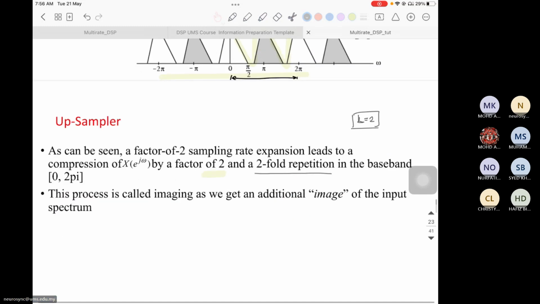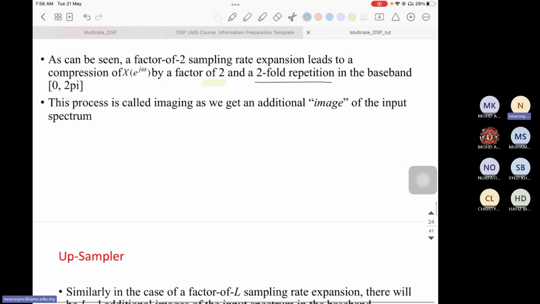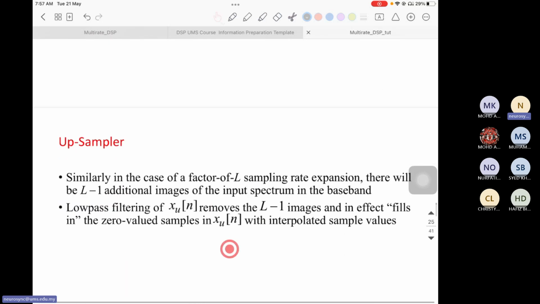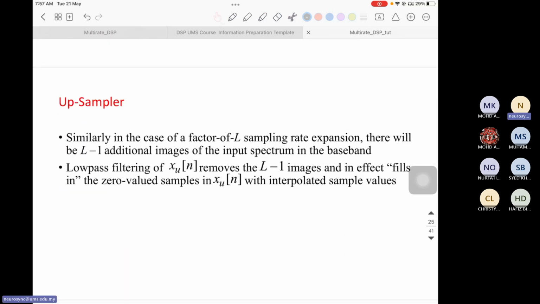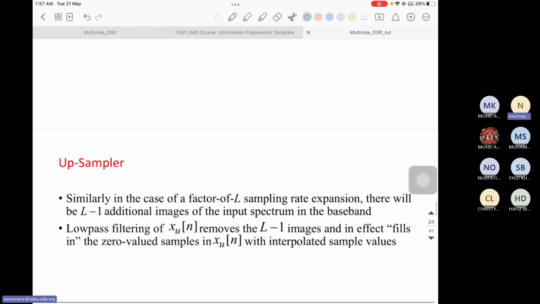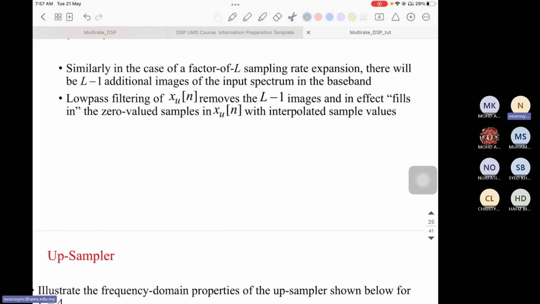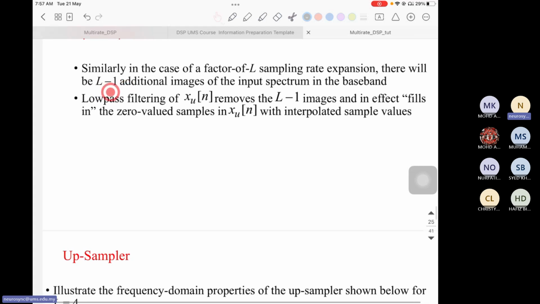So the signal will be compressed in the case of the upsampler. Now this is illustrated for L equal to 2. For the general case of sampling rate expansion by L, there will be L minus 1 additional images in the input spectrum.